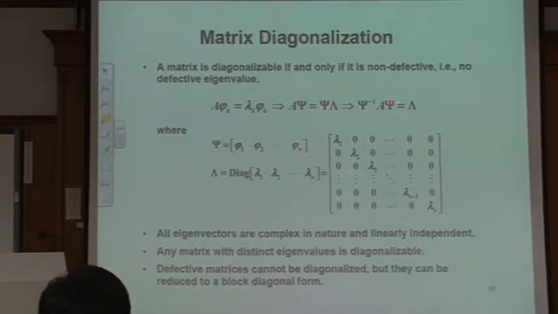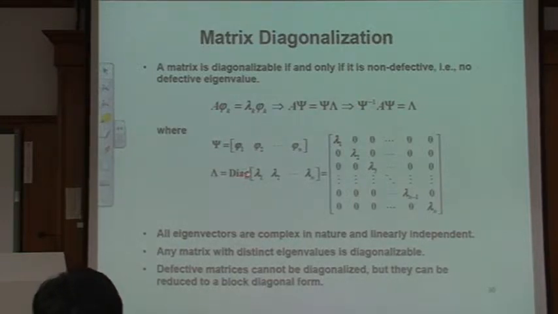Because the big phi matrix is invertible, since all the eigenvectors are independent, the final result is this. So the big lambda is a diagonal matrix whose diagonal terms are just the eigenvalues of the matrix A.